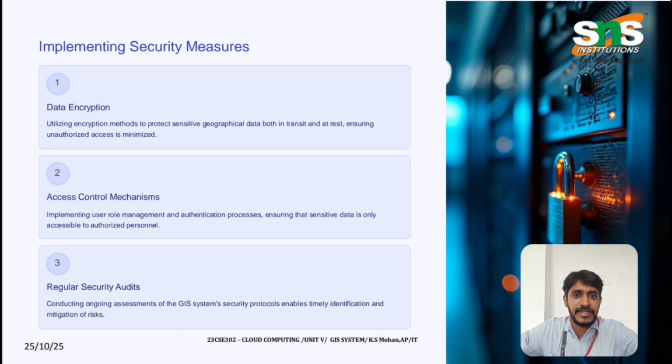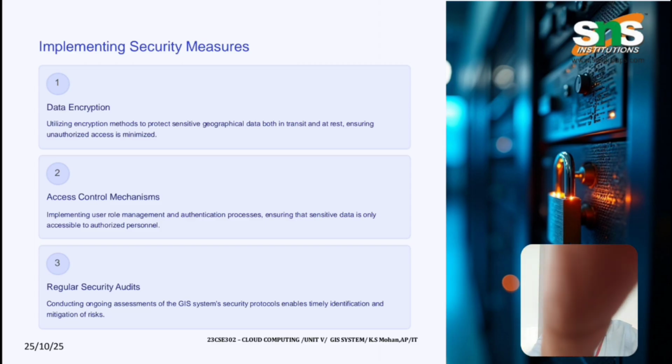We utilize encryption methods to protect geographical data both in transit and at rest, ensuring unauthorized access is minimized. We also have access control mechanisms and regular security audits, conducting ongoing assessment of the GIS system. Security protocols enable timely identification and mitigation of risks.